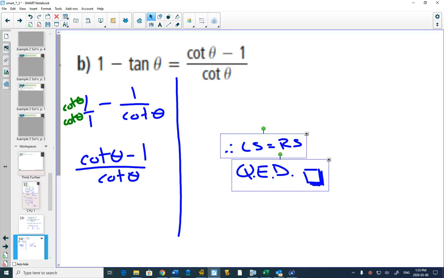So you've been introduced to a different strategy. Again, it's a puzzle. You're trying to make both sides look the same, but how you enter into that puzzle and what you change and how you change it is up to you. As long as you don't make up mathematics, or invent new fraction rules that don't exist, you're going to be fine. So this was a much faster proof as a result.